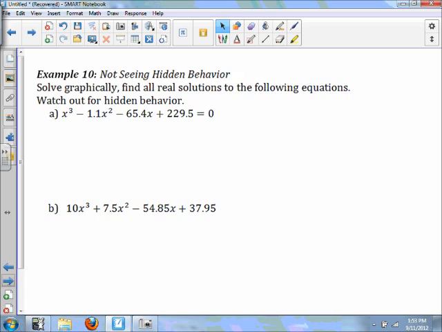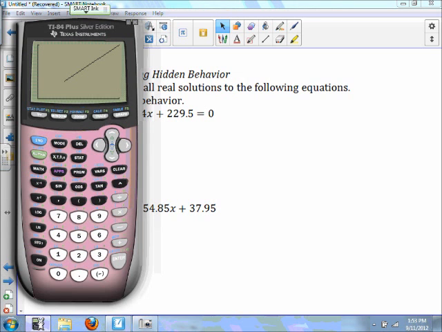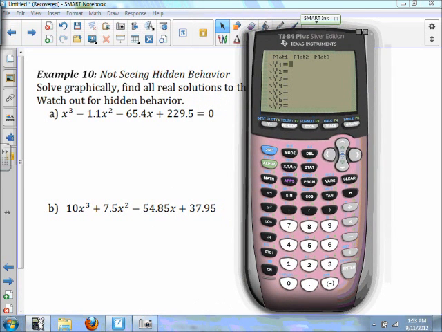Now moving on to 10, not seeing hidden behavior. Solving graphically, find all real solutions of the following equations. Watch out for hidden behavior. Well, let's plug these in. Okay, it looks to me like there's going to be just two solutions.